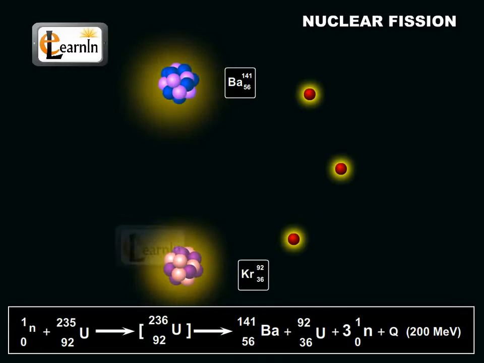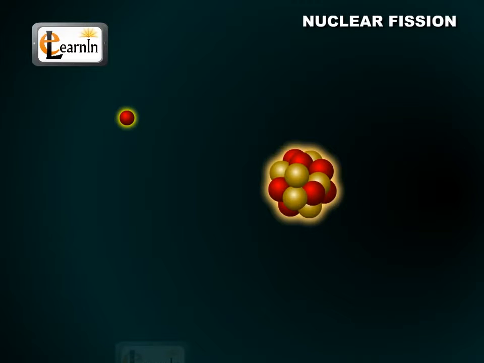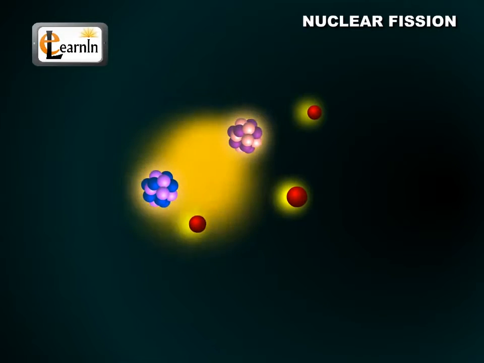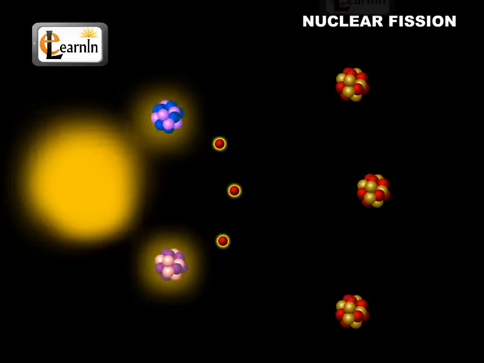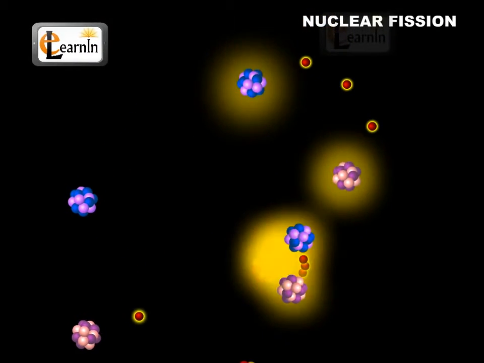In addition to these 2 nuclei, 3 neutrons are also emitted, as well as a high amount of energy, denoted in the equation by Q. Since uranium-236 emits 3 neutrons in the reaction, these neutrons can be absorbed by other uranium-235 nuclei, resulting in a chain reaction. This leads to exponentially high amounts of energy being released by a single reaction.